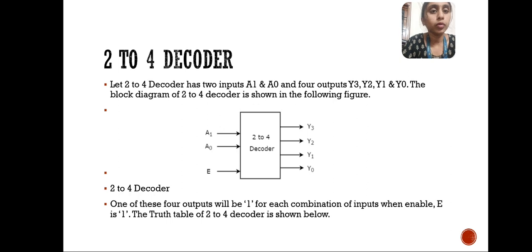2 to 4 decoder. A 2 to 4 decoder has two inputs A1 and A0 and four outputs Y3, Y2, Y1 and Y0. This is the block diagram of the 2 to 4 decoder. Here A1 and A0 are the inputs and these are the outputs. One of these four outputs will be 1 for each combination of input when enable E is 1.